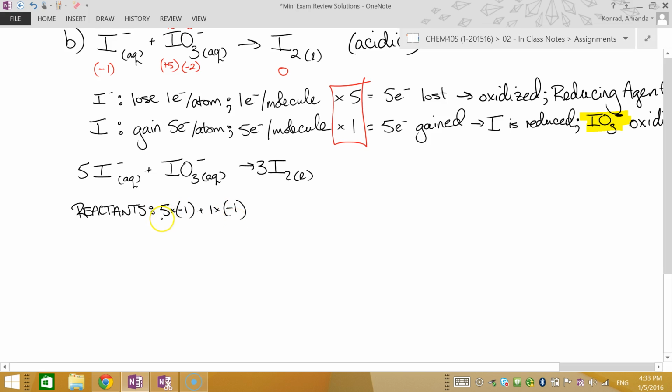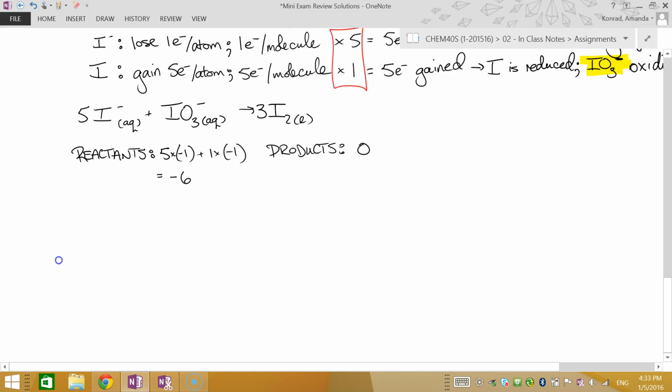The number out in front is the coefficient. The number in the brackets is the charge on that ion present. Which means that my reactants are actually at minus 6. My products on the other side have 0 charge. That makes that side really easy to deal with.